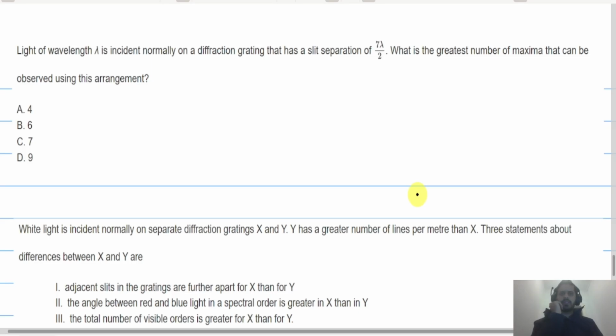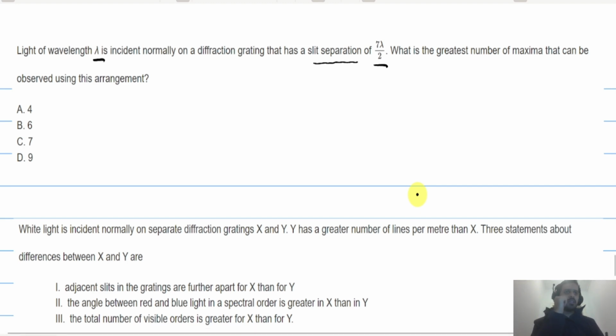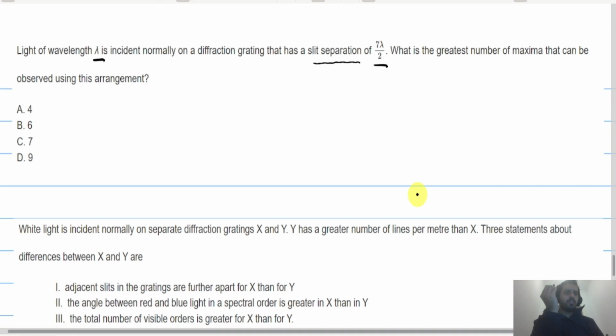The first question is, light of wavelength lambda is incident normally on a diffraction grating that has a slit separation of 7 lambda over 2. The question is, what is the greatest number of maxima that can be observed using this arrangement? Now, there are a few things that I want to explain. First of all, this slit separation is not usually the same as the width of a slit.